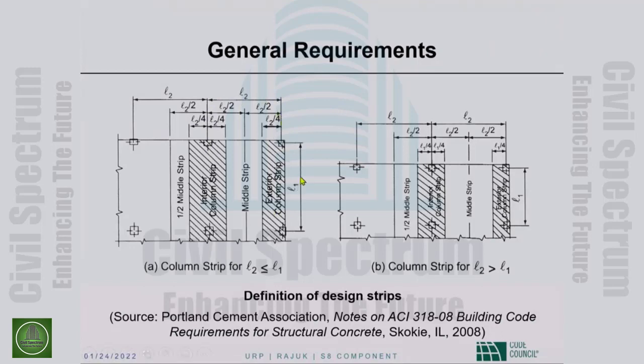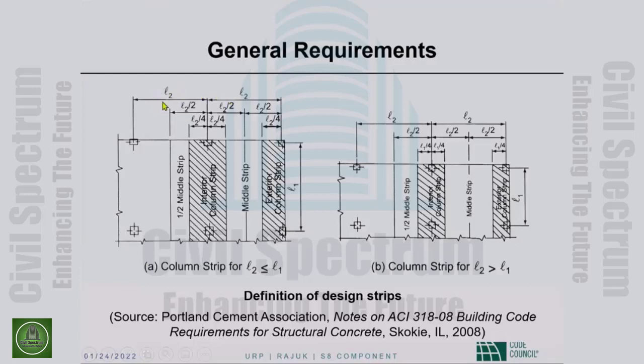If L sub 2 is smaller than L sub 1, as in the left picture, then the width of the half column strip is L sub 2 over 4. The width of this half column strip is also L sub 2 over 4. Now, here, the two spans are equal.